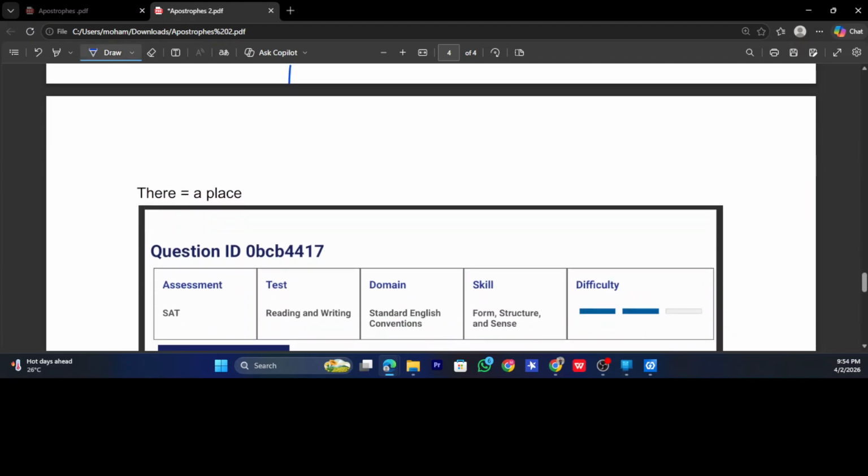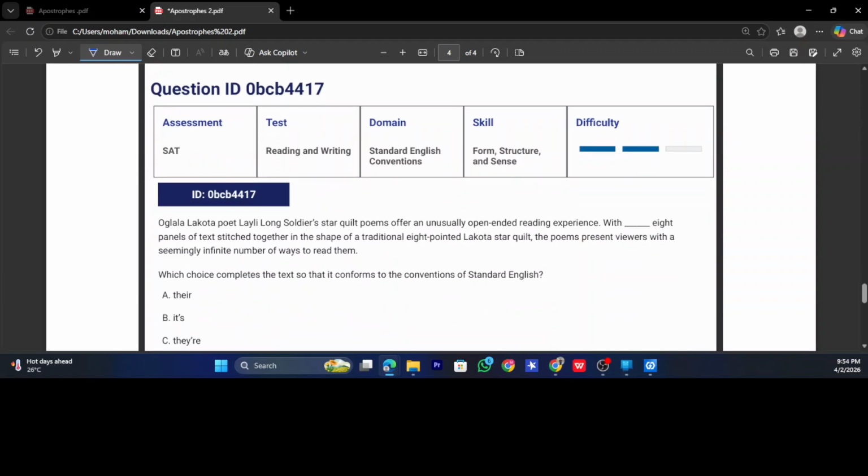And there means a place. It is not a possessive. Let's solve another one.